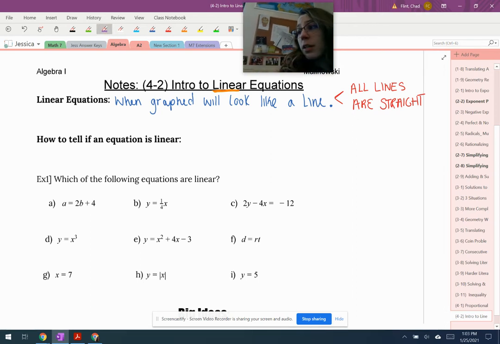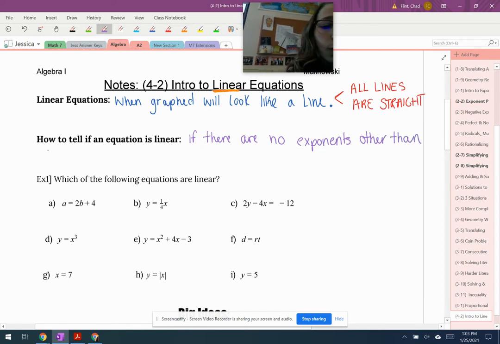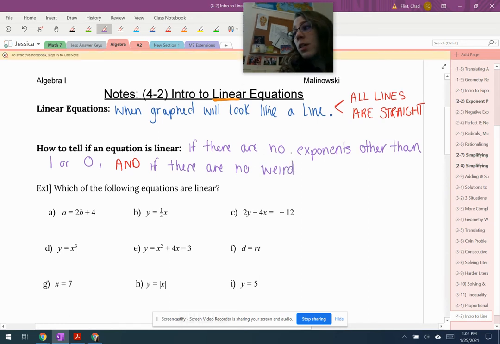An equation is linear if there are no exponents other than 1 or 0, and if there are no weird groupings.